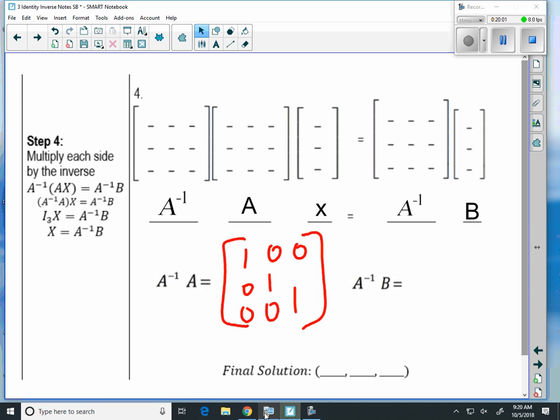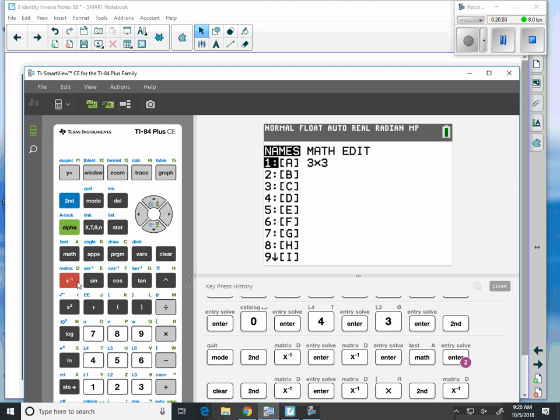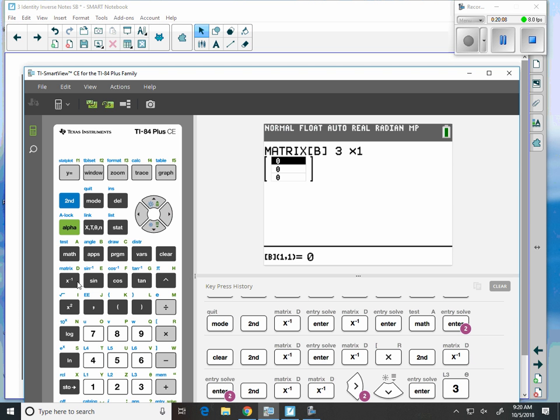So I'm going to go ahead and go over to edit, put in matrix B. It's a 3 by 1.